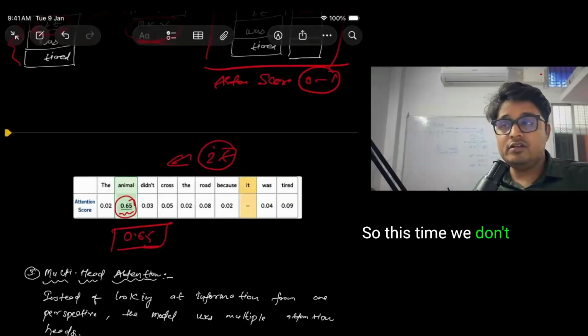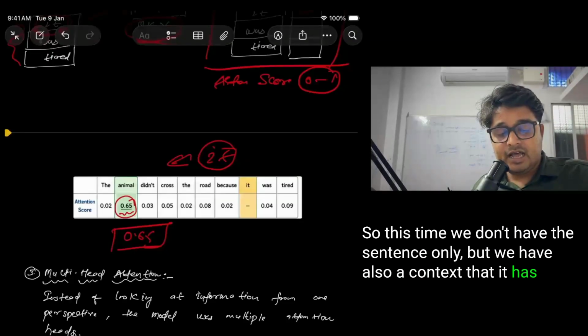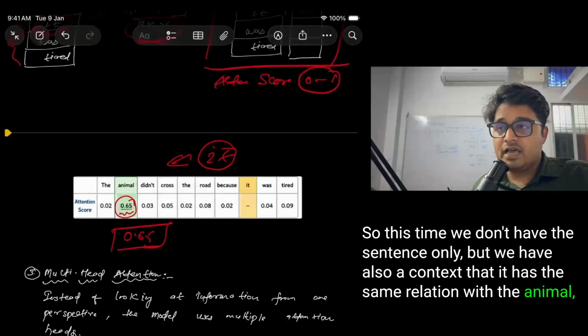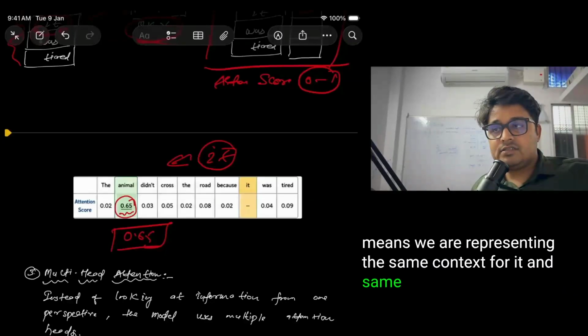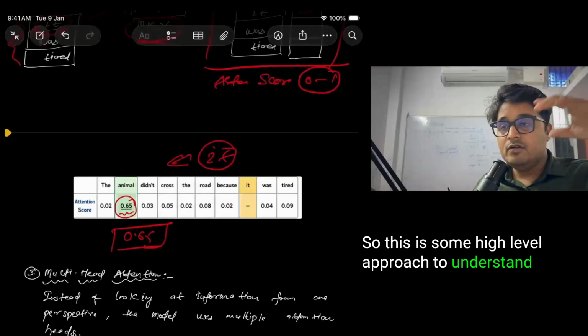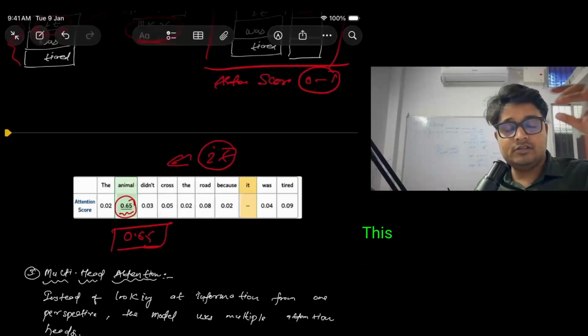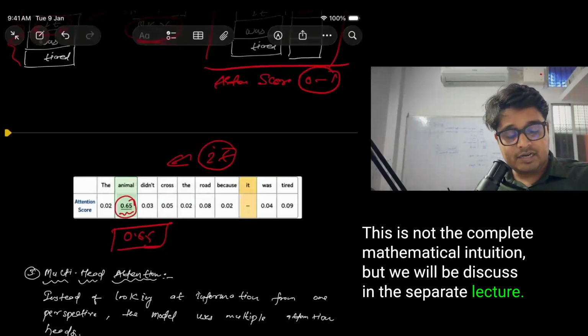This time we don't have only the sentence, but we also have a context that it has the same relation with the animal, meaning we are representing the same context for it and for the animal. So this is a high level approach to understand how self attention works. This is not the complete mathematical intuition, but we will discuss it in a separate lecture.